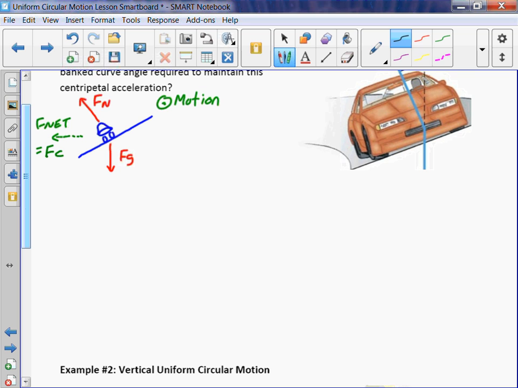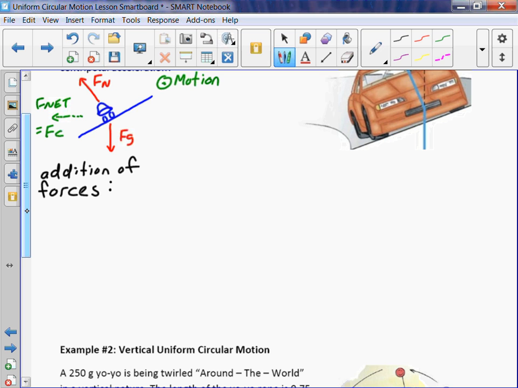So here's what we get when we add the forces up in their vector values.